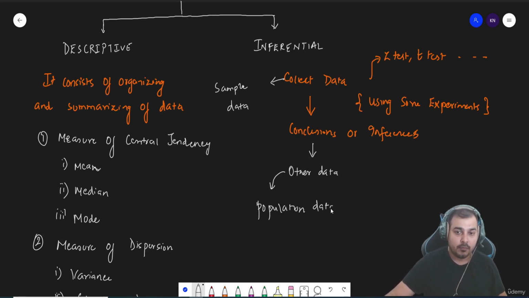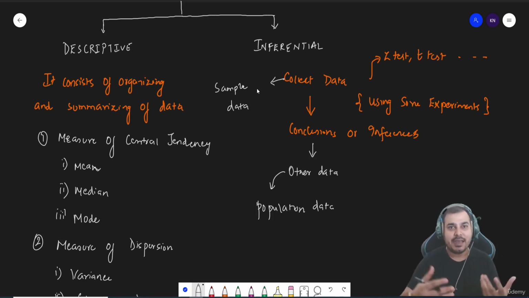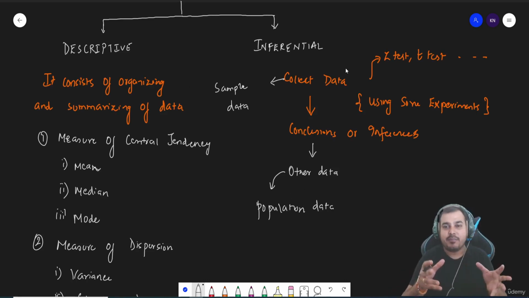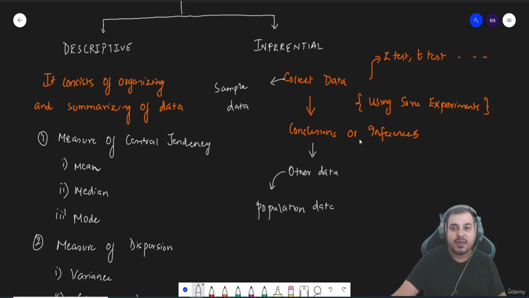So what we do is take some sample data. What is the difference between population and sample? Again, that will be in the next video. But if you really want to understand, we collect some sample data, we perform some experiments, and we bring up some conclusions or inferences for the population data.